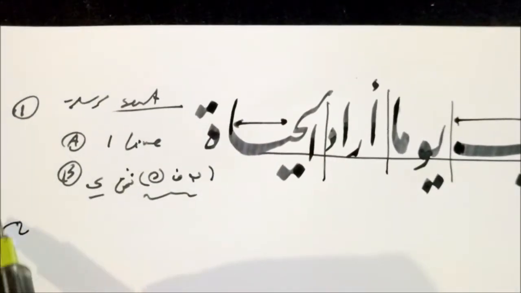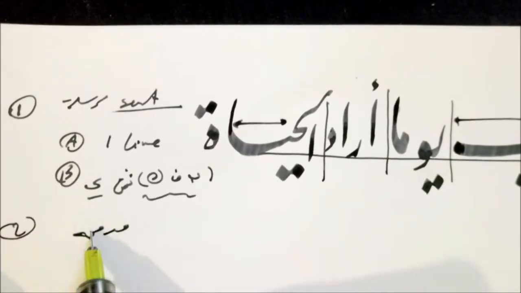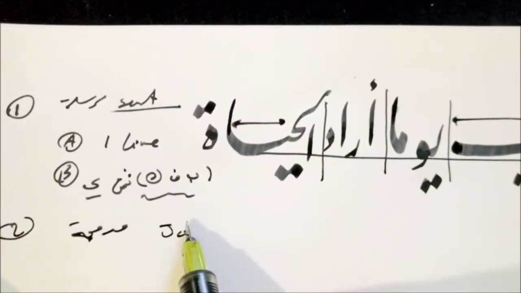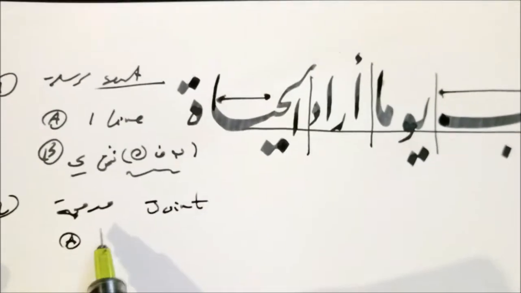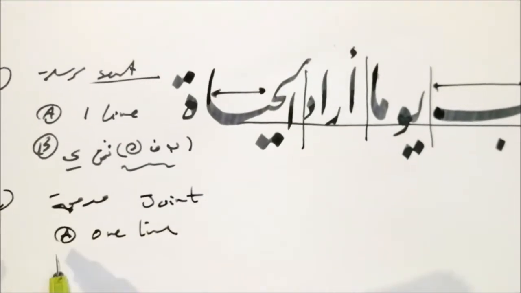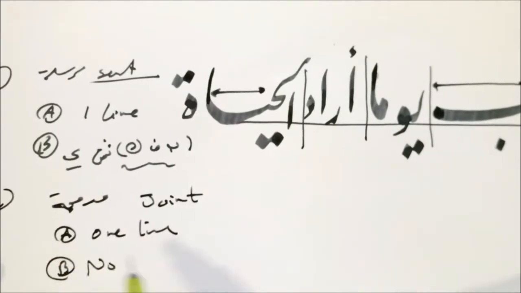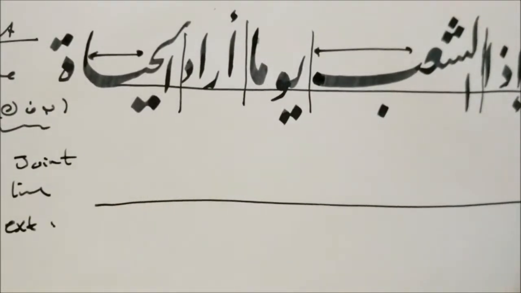The second type would be mudmaja. Now let's call it joint, because the thing with this is that we have one line but we don't add any extensions or elongations, and for this one it would look something like this.